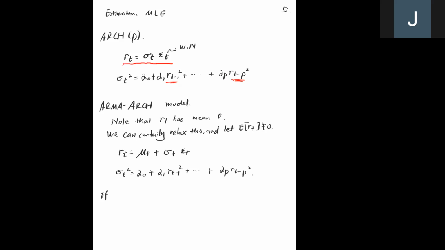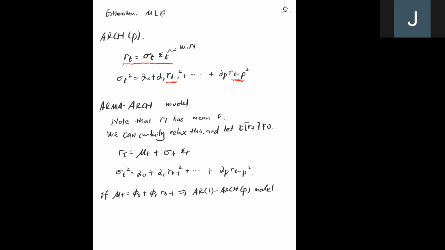If this mu t is equal to, let's say, phi 0 plus phi 1 RT minus 1, then this becomes an AR(1)-ARCH(P) model.